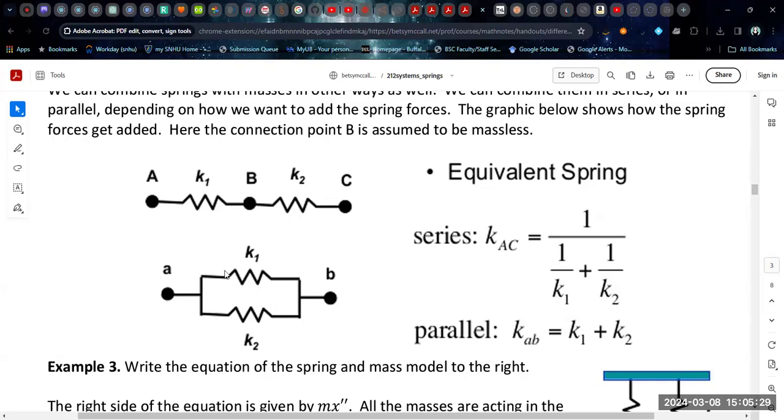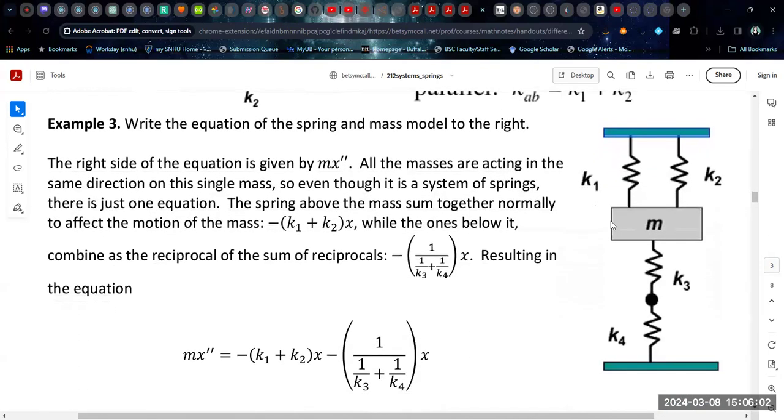Now, in most of the cases where you're going to, at least initially, start to see these kinds of systems, these circumstances are not necessarily going to be the first ones you encounter, but it is worth knowing that when these get coupled like this, they're going to behave in slightly different ways. And for the ones in series, you might be tempted to think, oh, I'm just going to add them, but that isn't quite how it works when there's no mass in between them.